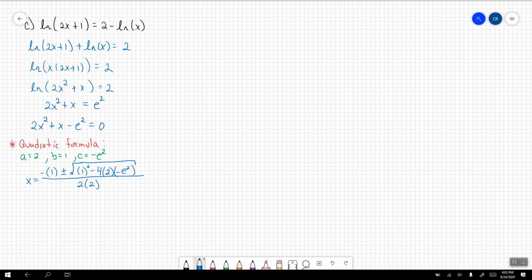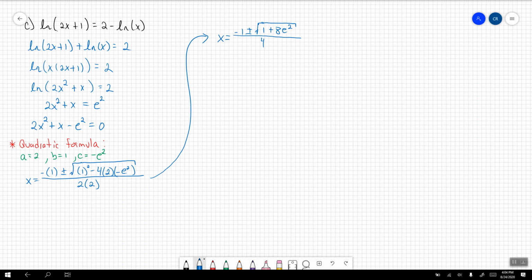Not too bad. Let's simplify. I'm going to bring the work up here. So let's keep simplifying. x is equal to negative 1, positive or negative, square root of 1, and then 4 times 2, that's going to be 8, negative and negative, that's going to be a positive, so it's going to be 1 plus 8 e to the power of 2. It's looking good because the radicand is positive, all divided by 4.